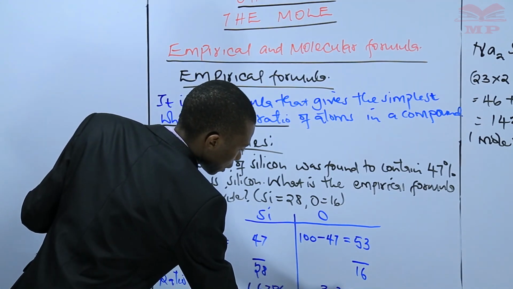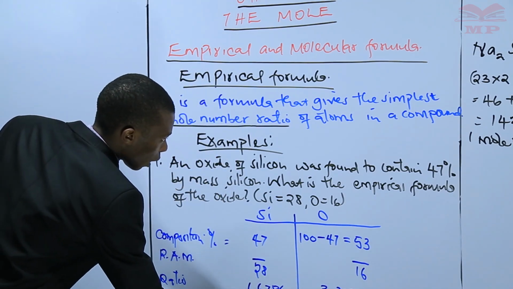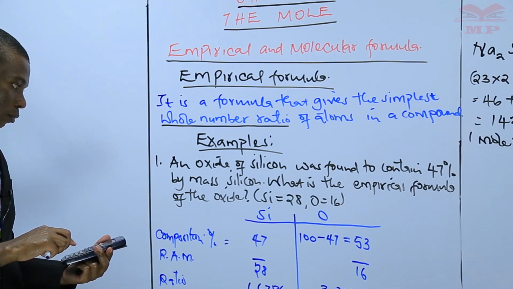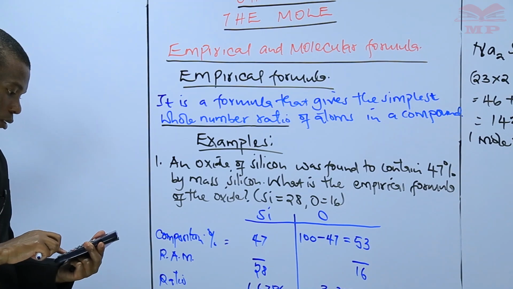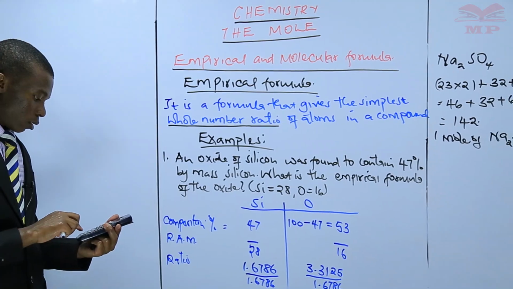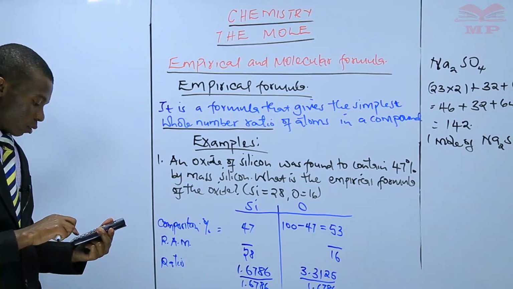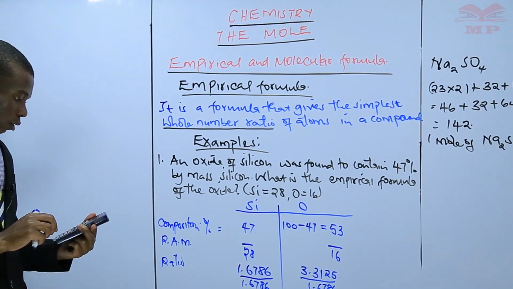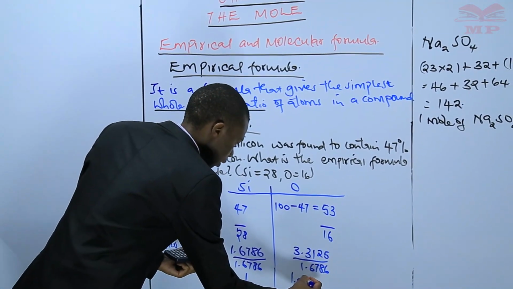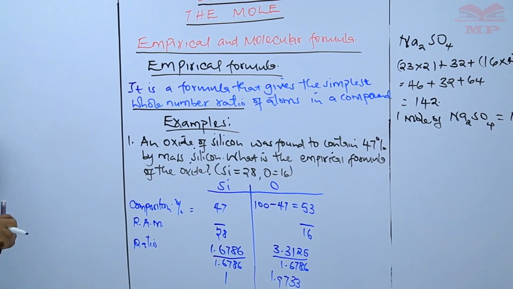Dividing 1.6786 by 1.6786 will give you 1, and the other one gives 1.9733.